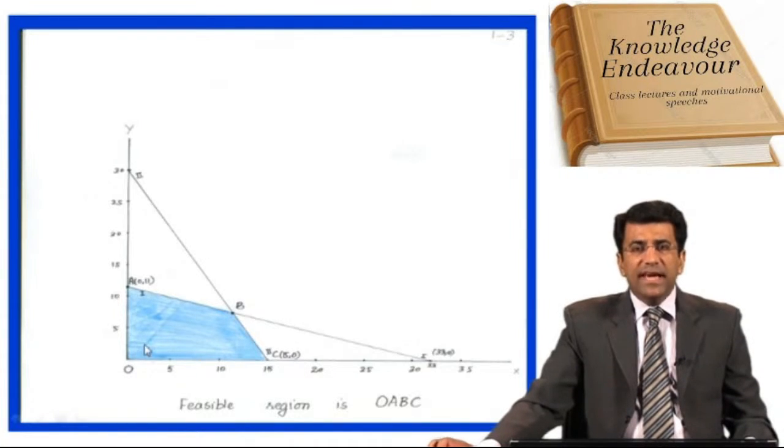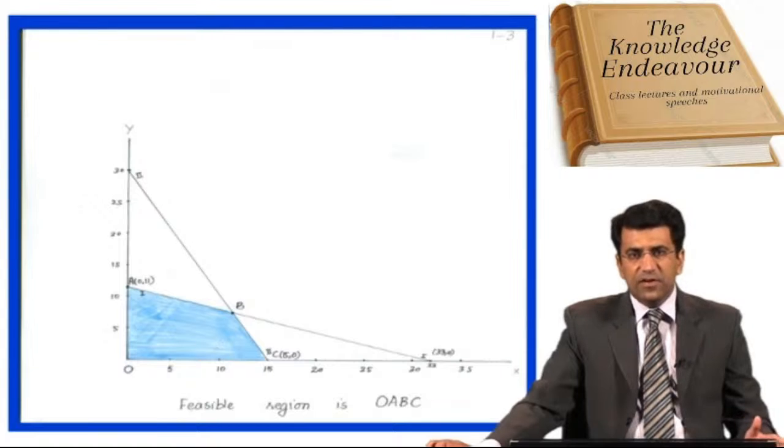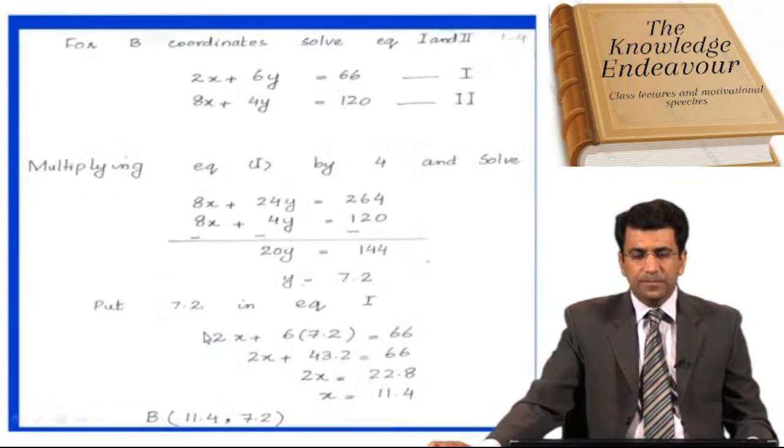So we already know the x and y values for point O, that is (0, 0), point A, that is (0, 11), and point C, that is (15, 0), but we don't know the coordinates of point B. And how can we calculate the value of B? Again, by using the simultaneous method, because this point is the intersection of line 1 and line 2, and by solving equations 1 and 2 simultaneously, we can get the value of B.